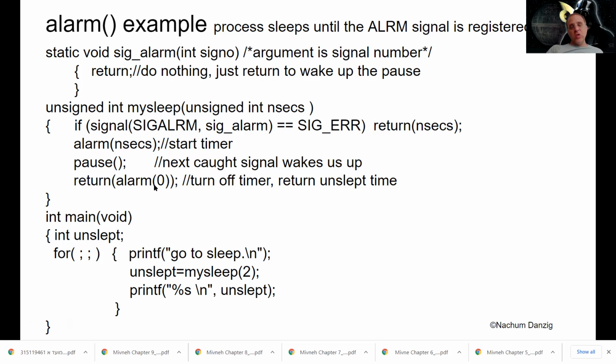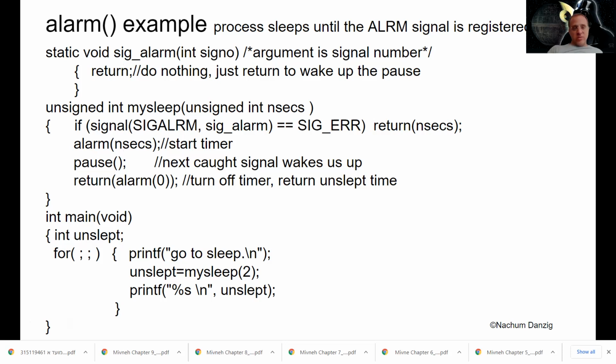And then there's a special feature of the alarm function: if you give it 0, which is kind of a weird thing to do, it tells you how much unslept time remains from the previous alarm.